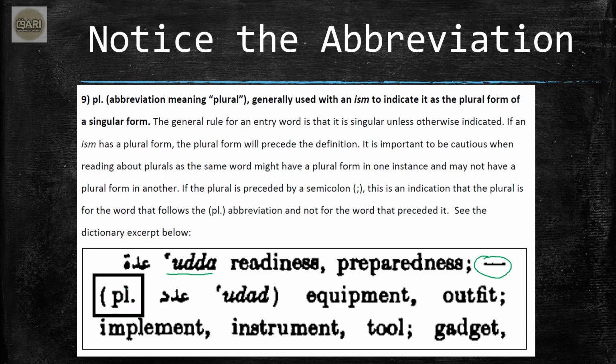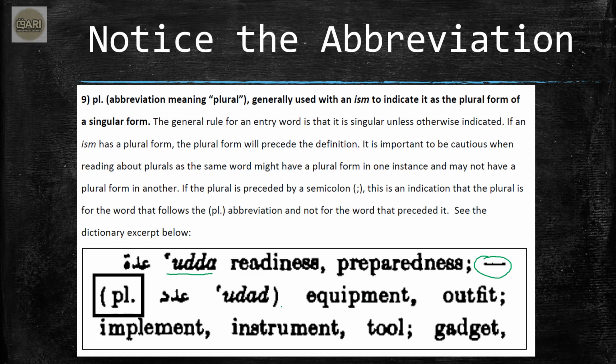So here, another meaning for udda is equipment, outfit, implement, instrument, tool, gadget. It is this meaning or these meanings of udda that have a plural. So when udda is used for readiness or preparedness, then there's no plural for that.